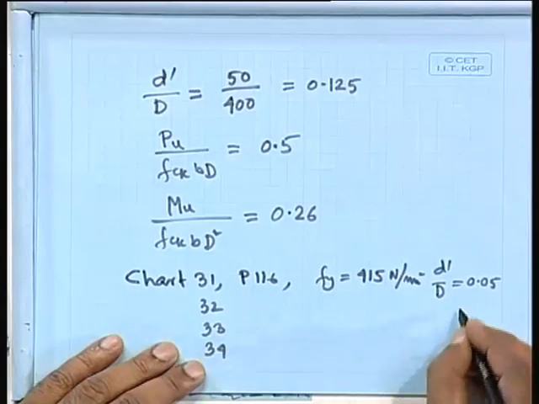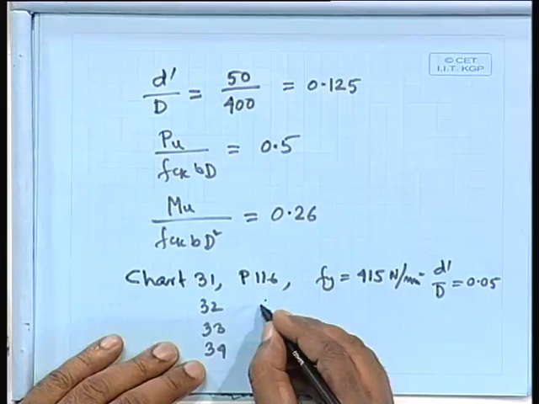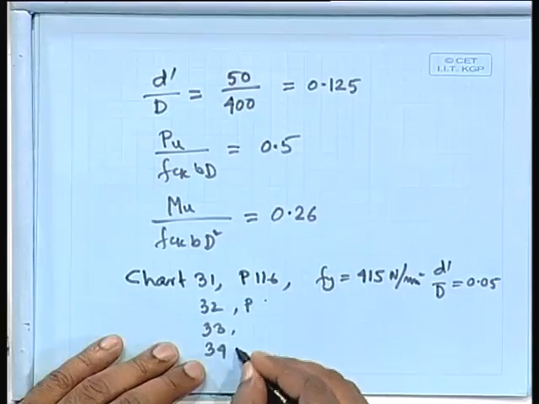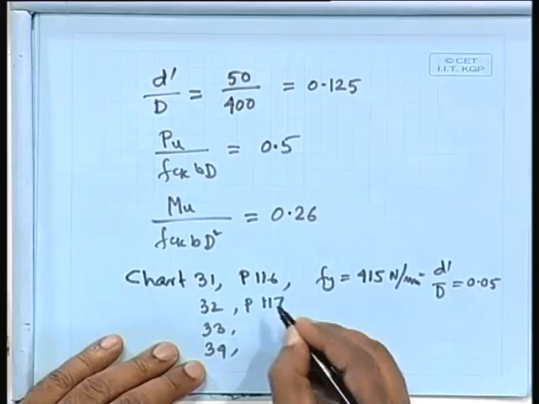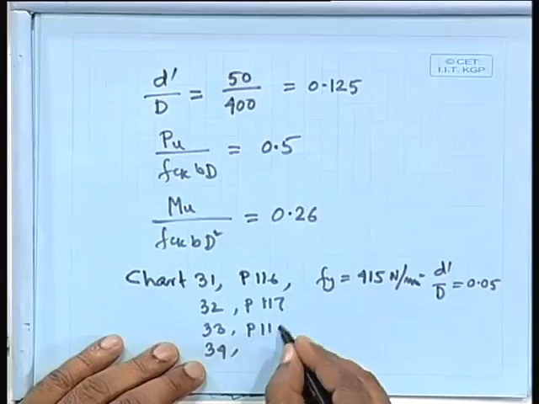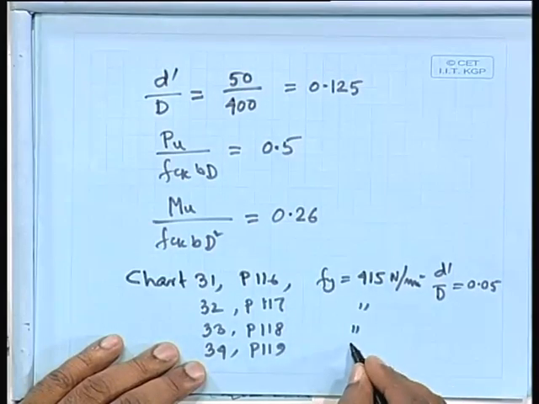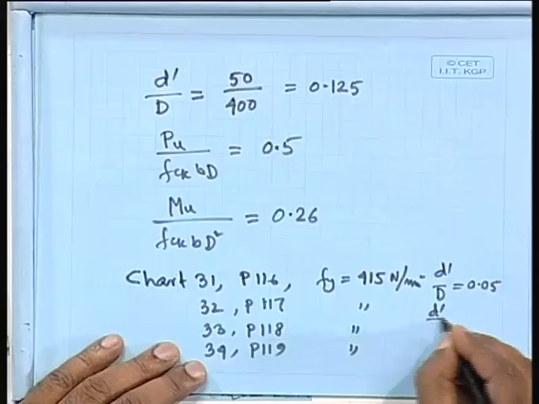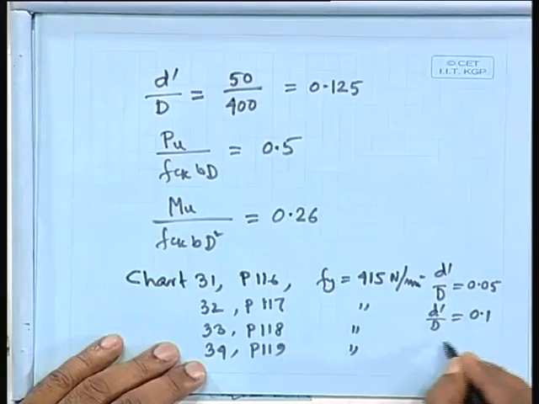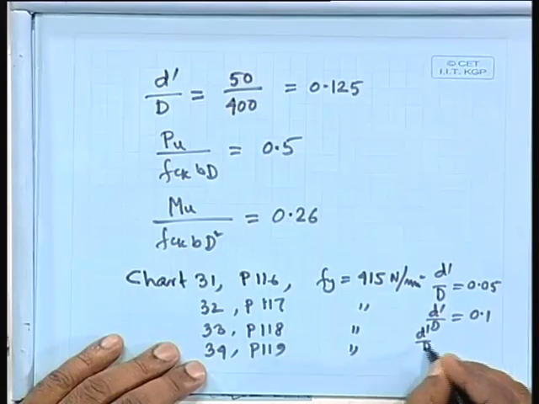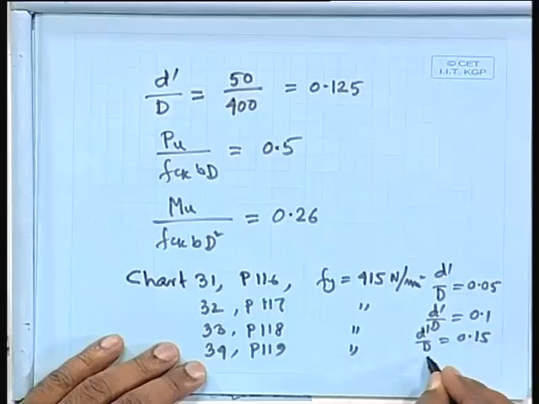So, 32, the same one, this is in page 117, page 118, page 119. Only change is that D dash by D is 0.1, 0.15 and 0.2.